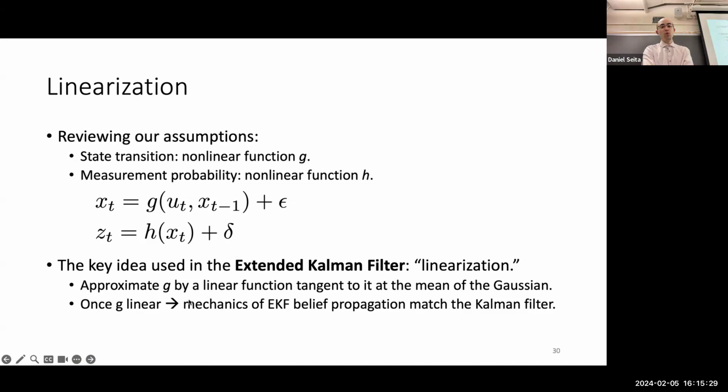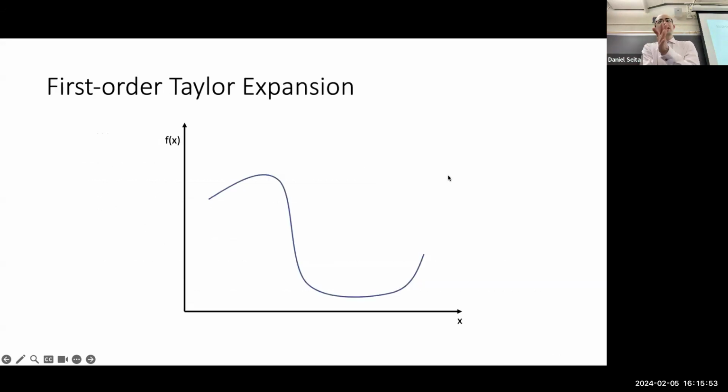Does everyone know how we actually approximate a function as a linear function? What techniques do we use? It's a very general thing. Everyone's seen Taylor's theorem before, just checking. A first order Taylor expansion of some function like this.